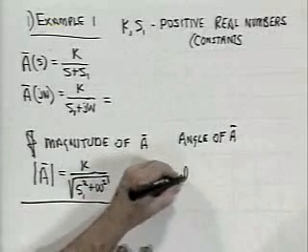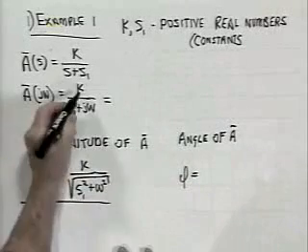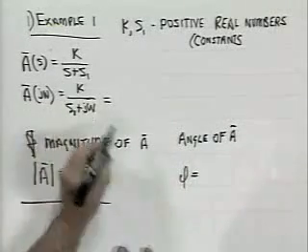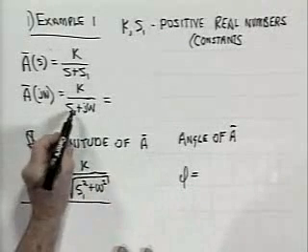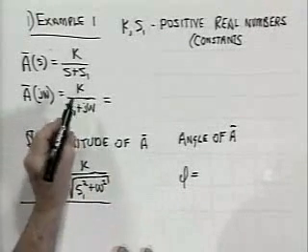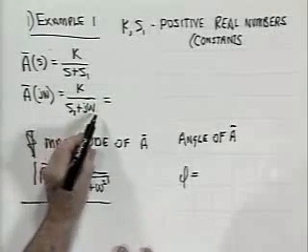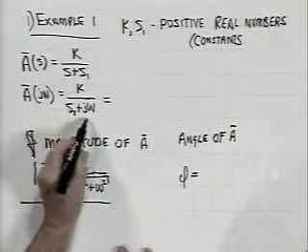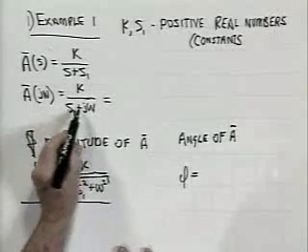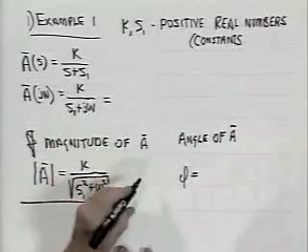The angle of A, which we represent by phi, is the angle of the numerator minus the angle of the denominator. Now, the numerator is a real number. The denominator is a complex number. s1 is the real part, omega is the imaginary part. So the angle of the denominator is the angle whose tangent is omega over s1.